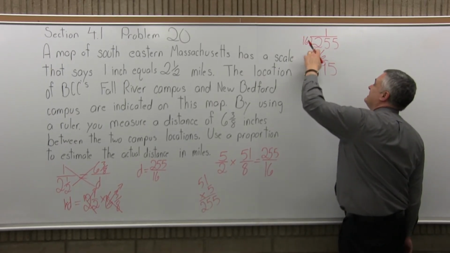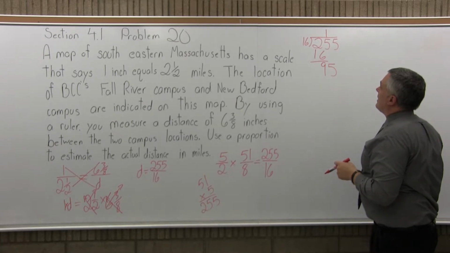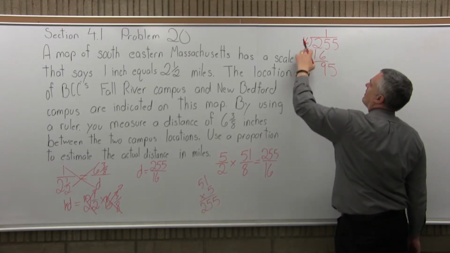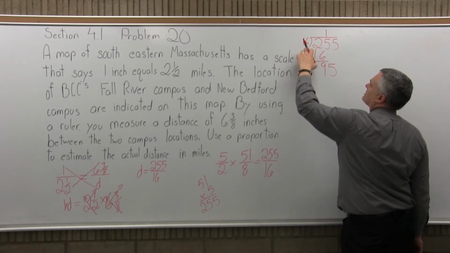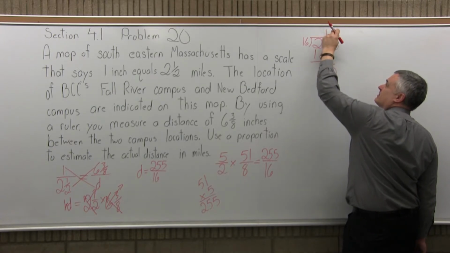So now 16 divided into 95. Well, let's see. 2 16s is 32, 4 is 64, and I think 5 is as close as we're going to come, just doing a little bit of an estimate in my head.